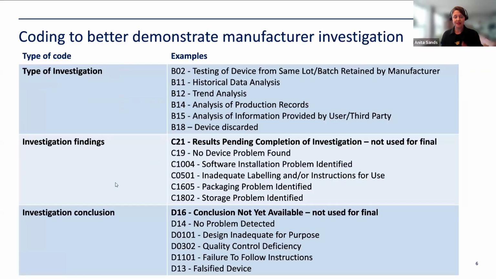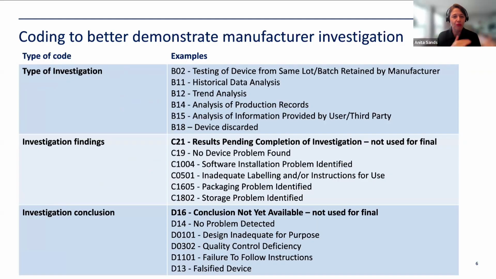The other part of incidents being reported to you by the manufacturer is that they must report their investigation. How did they determine if their device is the root cause and what exactly about their device? A lot of the time, what manufacturers are doing is trying to rule out a manufacturing deficiency, or rule out that it was something within their control.